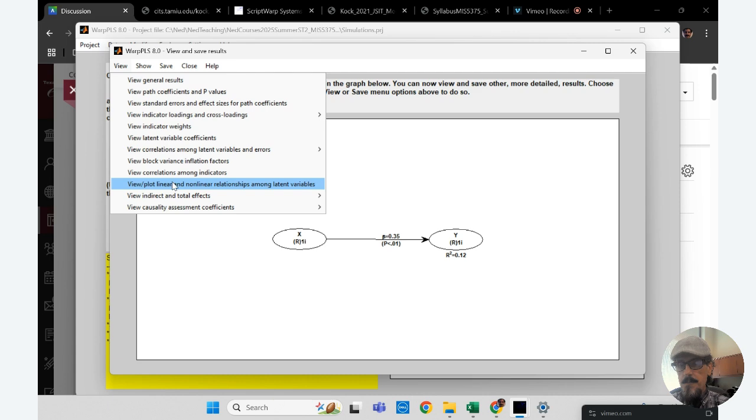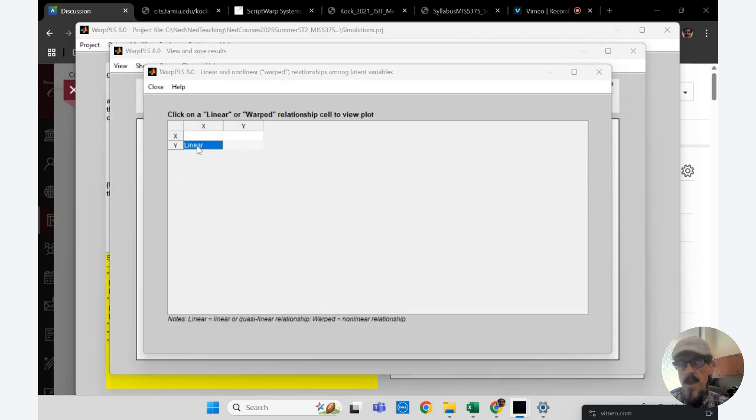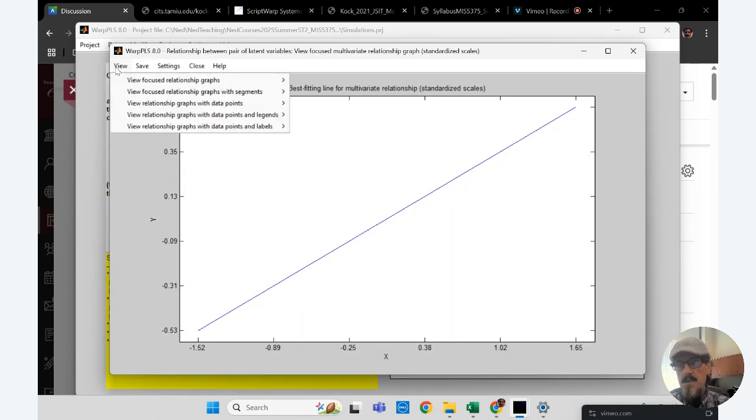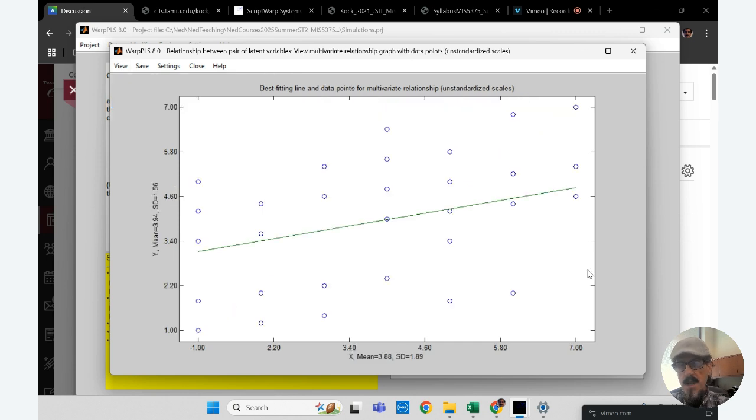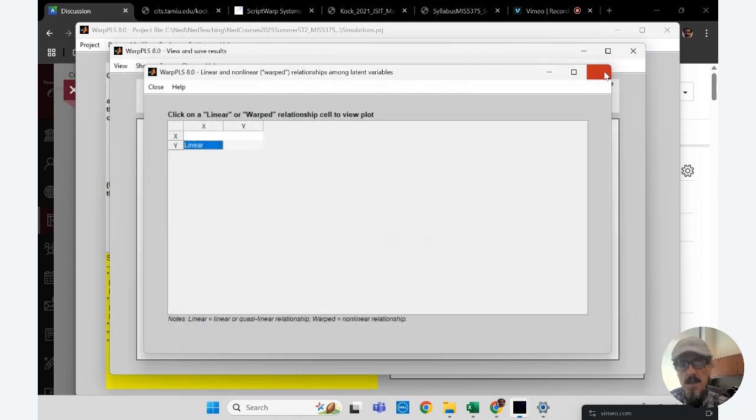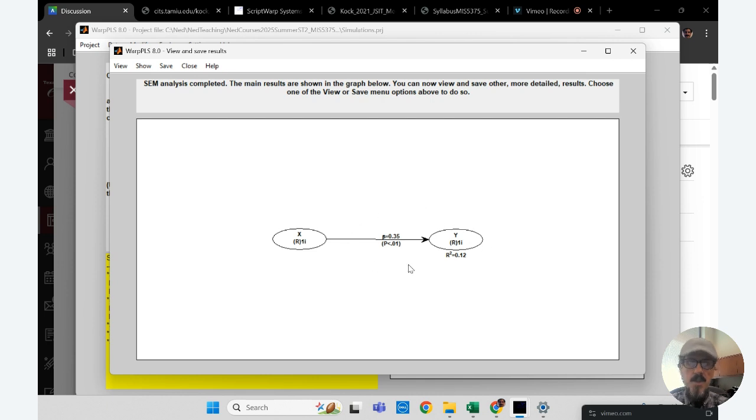We can see the graph with data points. I created both variables on 1 to 7 scales, right? So this is a linear relationship. It's a significant association, and I have 50 data points.